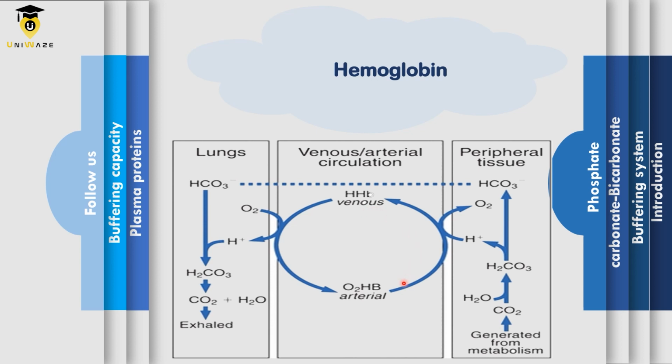During the conversion of CO2 into bicarbonate, hydrogen ions liberated in the reaction are buffered by hemoglobin, which is reduced by the dissociation of oxygen. This buffering helps maintain normal pH. The process is reversed in the pulmonary capillaries to reform CO2, which then can diffuse into the air sacs to be exhaled into the atmosphere.